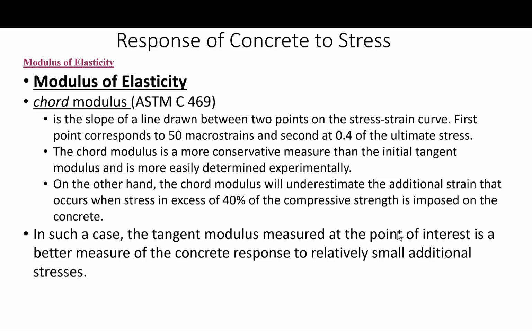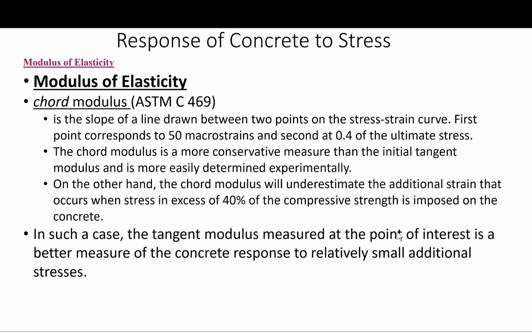The chord modulus is a more conservative measure than the initial tangent modulus and is more easily determined experimentally. On the other hand, though, the chord modulus will underestimate the additional strain that occurs when stress in excess of 40% of the compressive strength is imposed on the concrete.